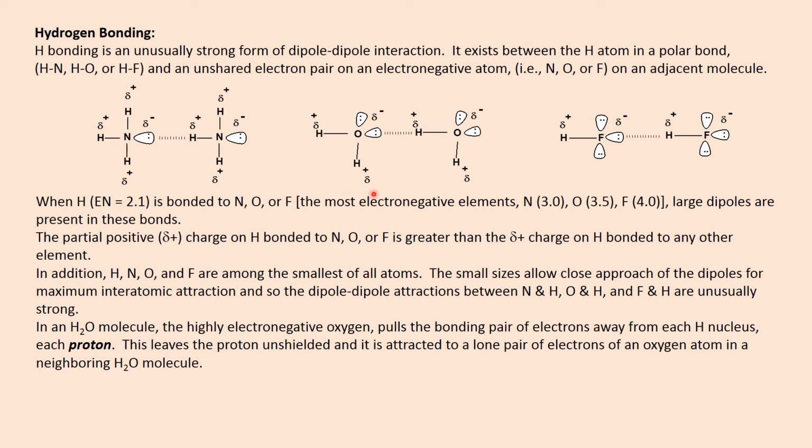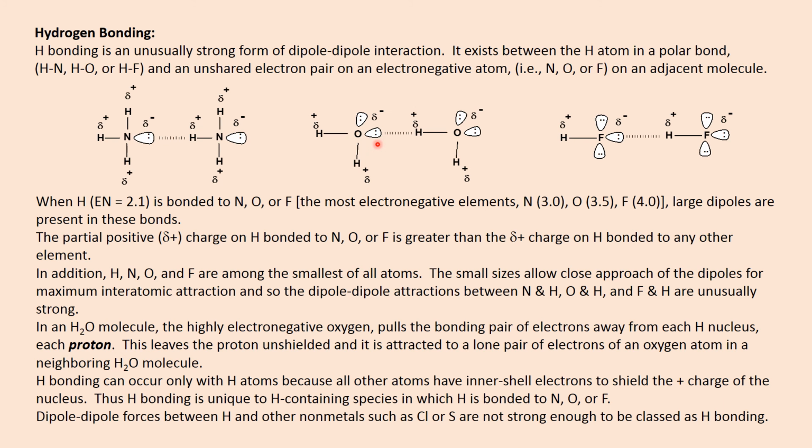In a water molecule, illustrated in the center here, the highly electronegative oxygen pulls the bonding pair of electrons away from each hydrogen nucleus, each proton. This leaves the proton unshielded, and it is attracted to the lone pair of electrons on an oxygen atom in a neighboring molecule.